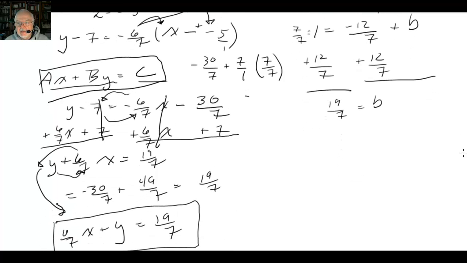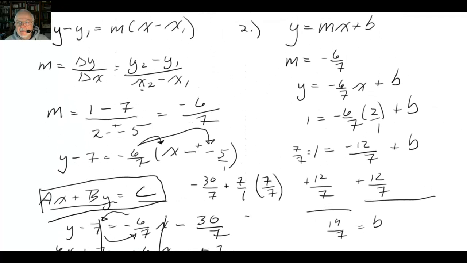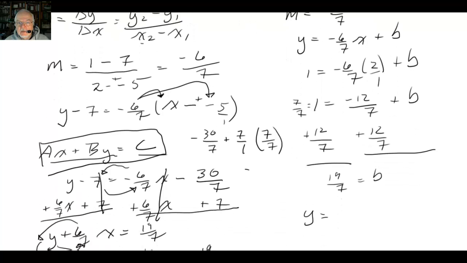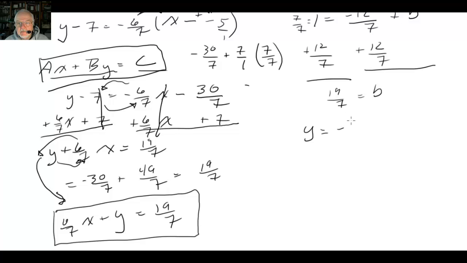So now I just plug it back into what I had. I had y equals m. What was m? M is minus 6/7. Minus 6/7 x plus 19/7. Alright, got to get that over there.